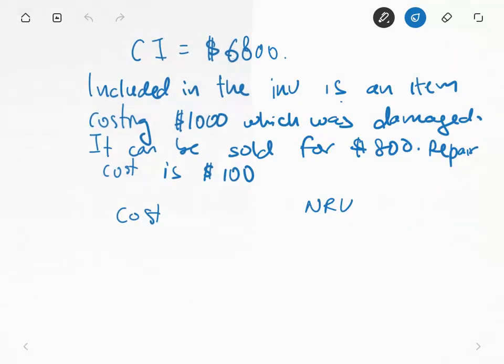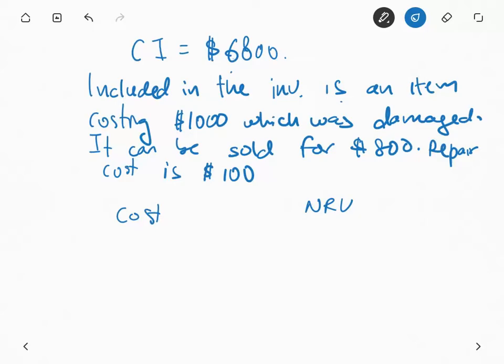Try this. I have a closing inventory of 6,800. Included in the inventory is an item that costs 1,000, which was damaged. It can be sold for 800, but I need to repair $100 first.